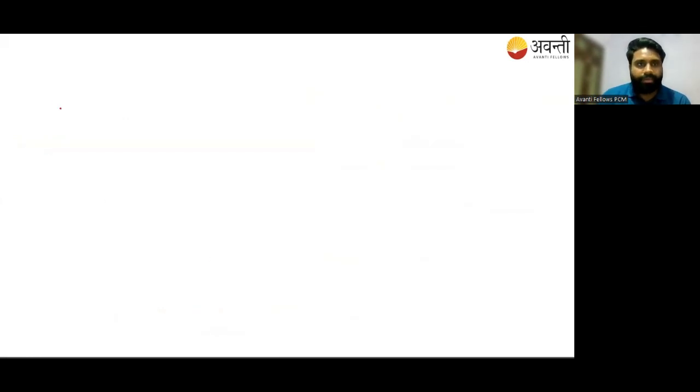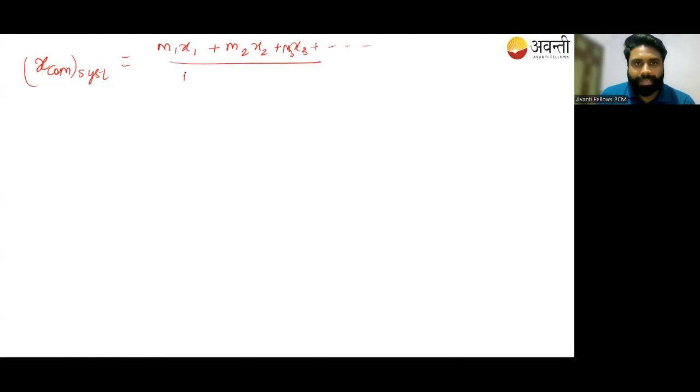So what are we left with? This is the x of center of mass of the system, which is m1 x1 plus m2 x2 plus m3 x3 plus up to infinite, divided by m1 plus m2 plus m3 plus up to infinite.